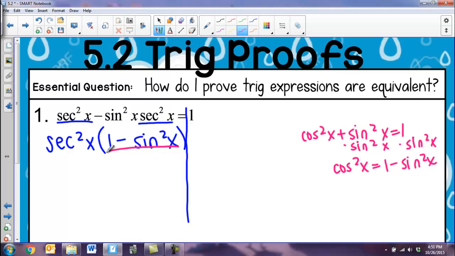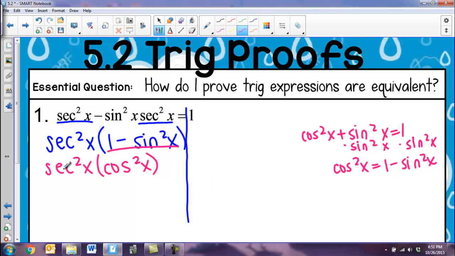Okay, so you don't have to memorize these, but if you see a 1 and you see a squared term, you're probably going to use Pythagorean.